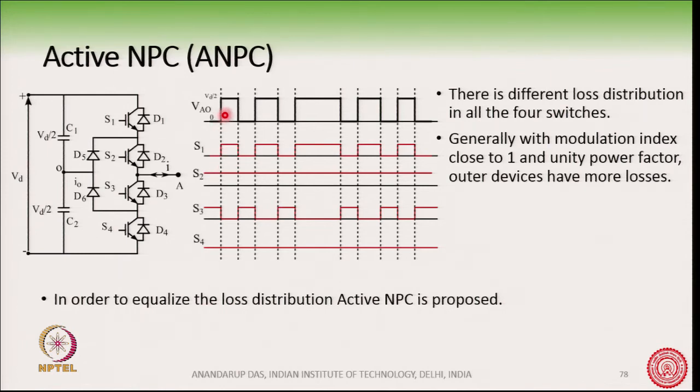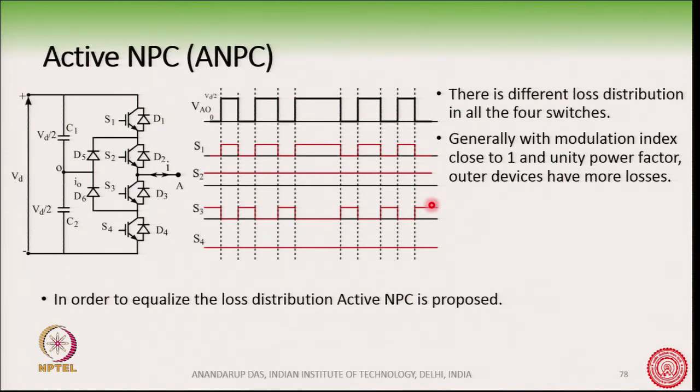Suppose the VAO voltage is like this and S1 will therefore be switching like this and S2 will be fully clamped, right. And so, if it is unity power factor, the current waveform is also very closely following the fundamental of the pole voltage waveform.